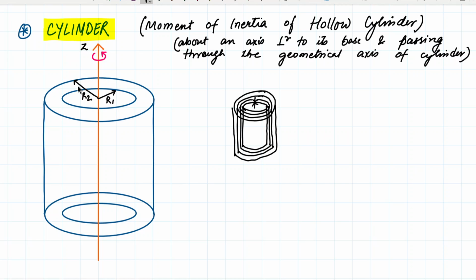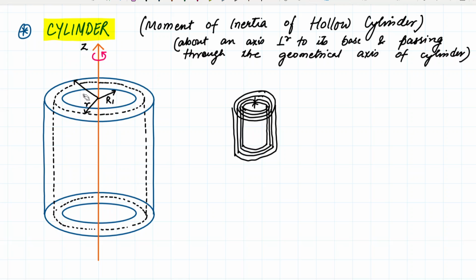So let's suppose that you have a very thin cylindrical surface, and this cylindrical surface is at a distance of, let's suppose, r.